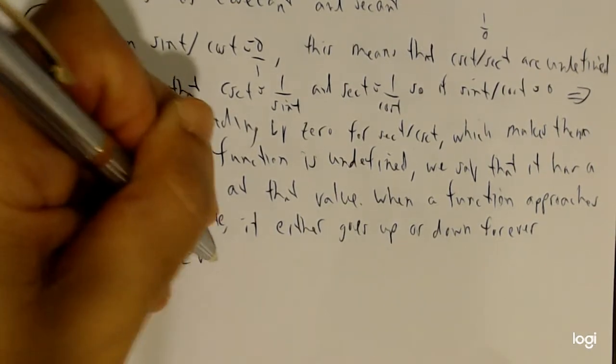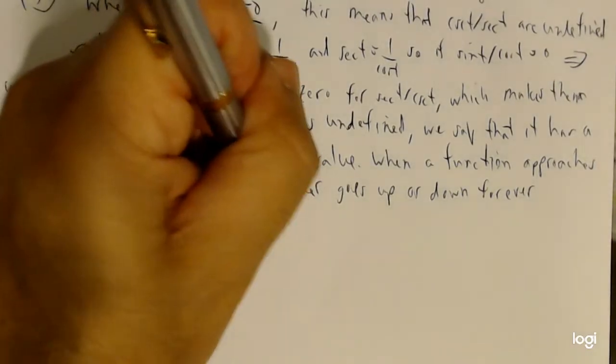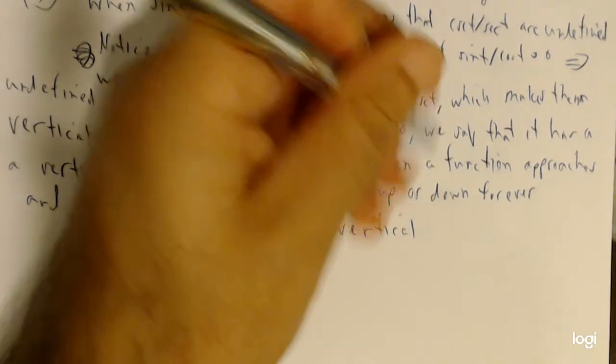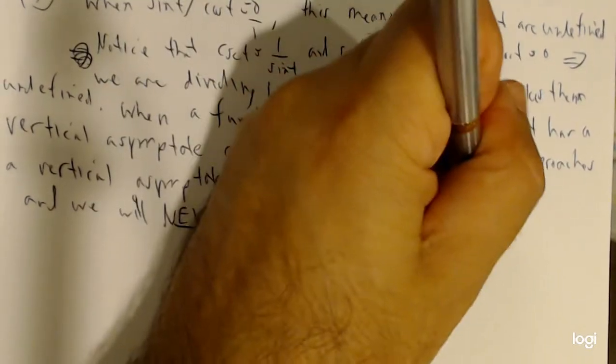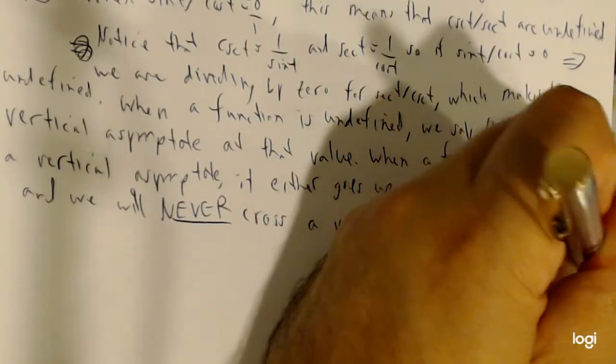And more importantly, we will never cross a vertical asymptote. Okay, so keep that in mind. We will never ever cross a vertical asymptote. Visually speaking, vertical asymptotes are usually vertical lines that are dashed.